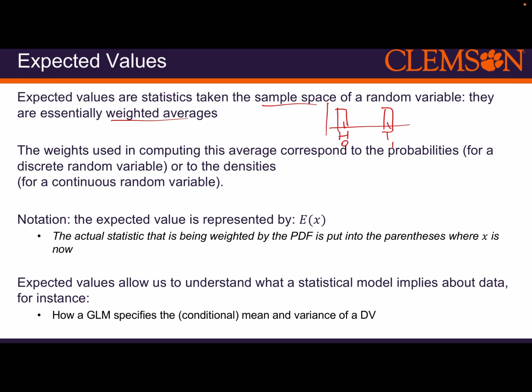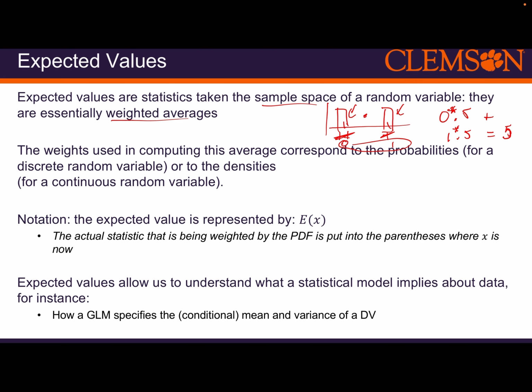If we were to look at the expected value of this, not as a heads plus tails, but in terms of the numbers 0 or 1, what we would do is basically say, what is the average value weighted by how likely it were to occur? A 0 times 0.5 plus a 1 times 0.5. And that should equal just 0.5 itself. So the mean would be somewhere in the middle.